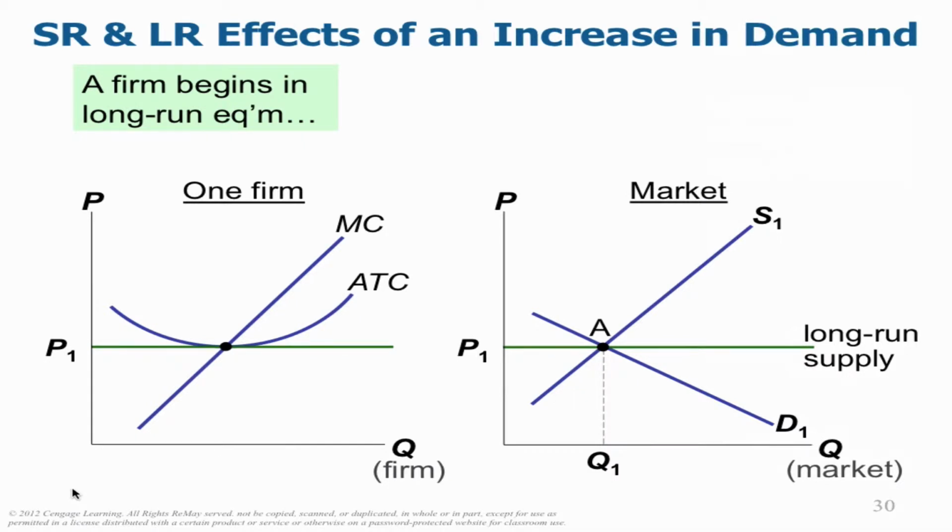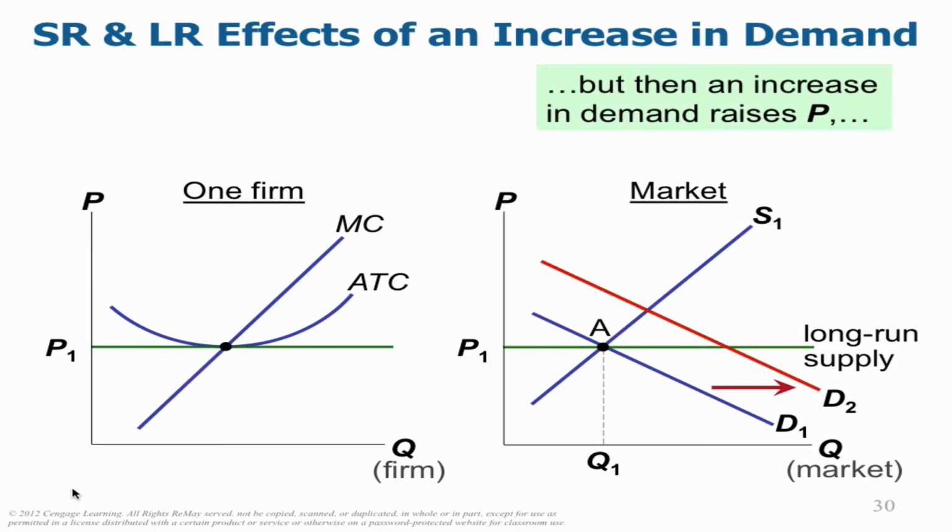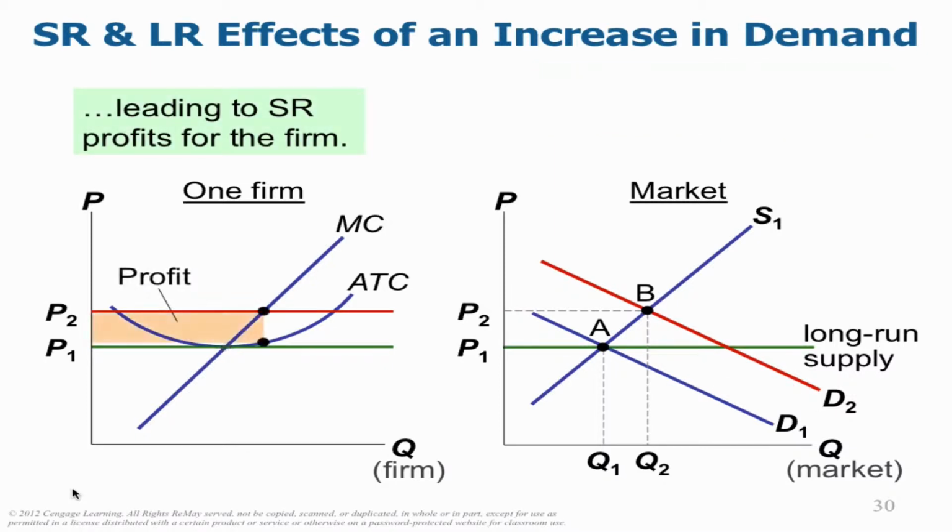Okay, so firm begins in long run equilibrium, demand increases, we raise the price, and so we end up creating huge economic profit in that rectangle. This coming back to you? When you see that kind of huge economic profit, what incentive does that provide to other firms?